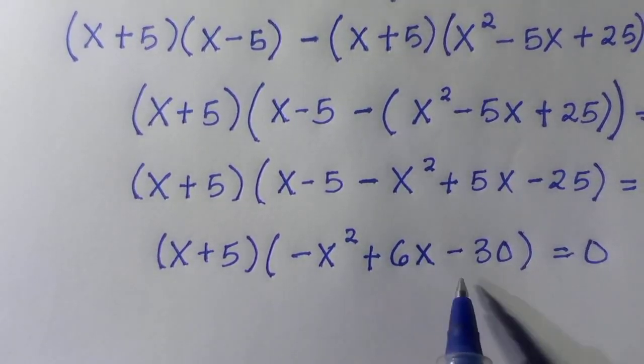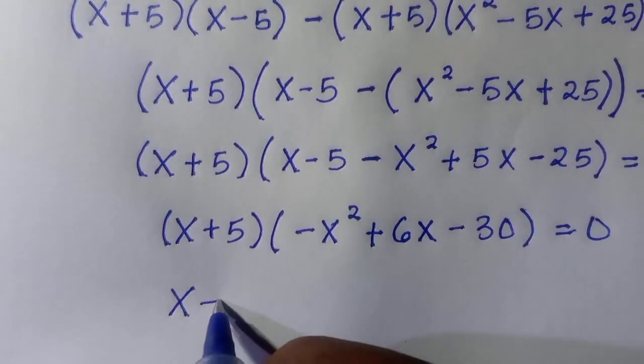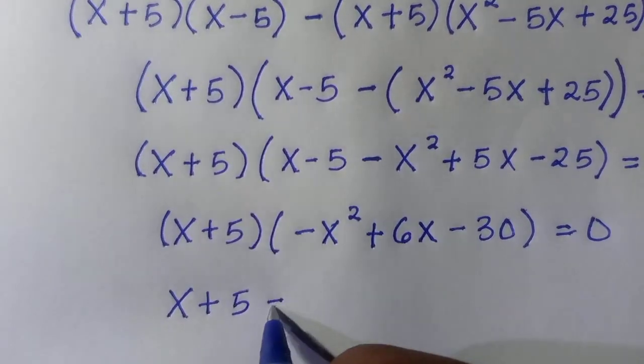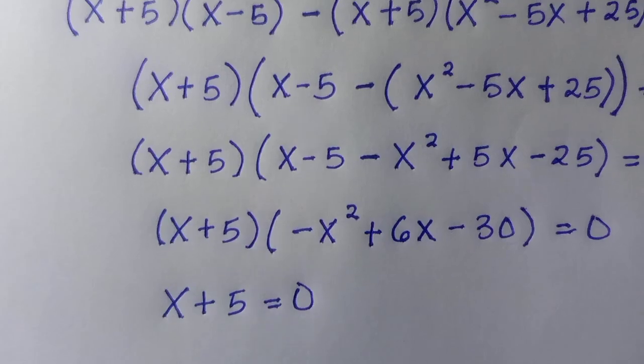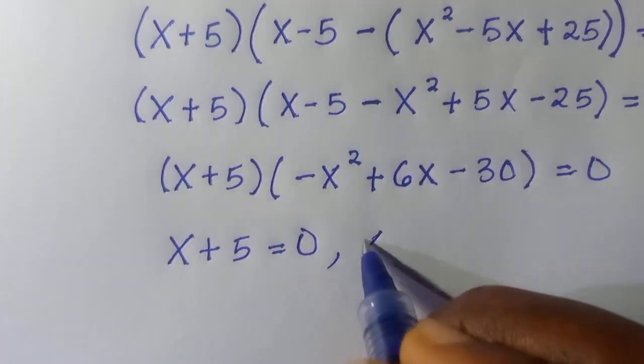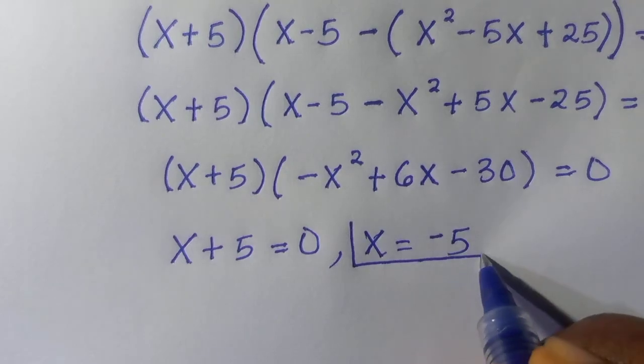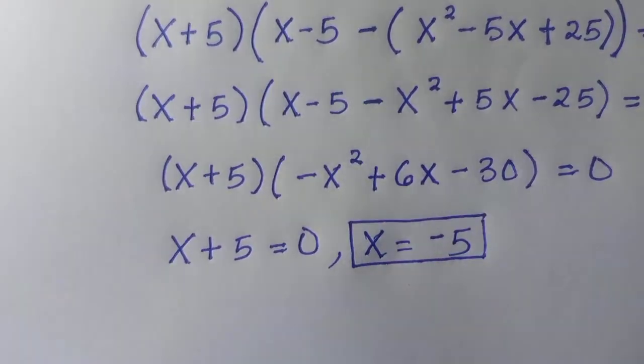So for the whole of this expression to be equals 0, we're going to let x plus 5 equals 0. So if x plus 5 equals 0, definitely we are going to have x equals minus 5, which is the first solution, and it is a real solution.